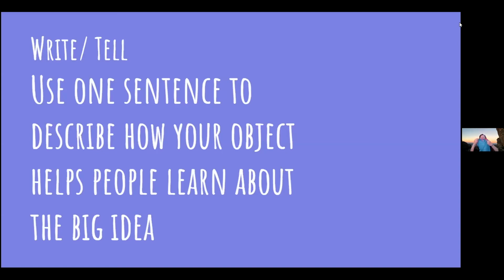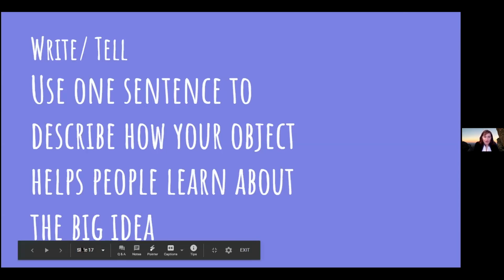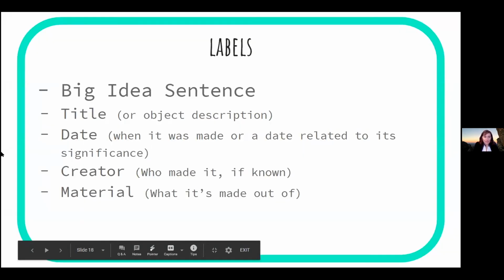And then my apron reminds me of all of the times I've baked treats for people that I love. These are some examples of sentences that relate to the big idea and your object. You can keep thinking about those, but the other aspect of writing a label for an object is describing the object. So we're going to show you what you need to have on an object label.